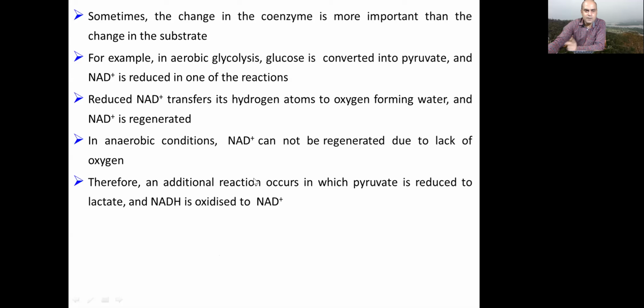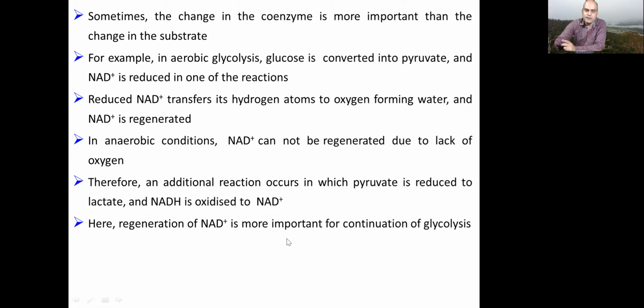In that case, an additional reaction occurs where pyruvate is converted into lactate. That is a reduction process: pyruvate is reduced to lactate, and in that reduction process NADH is oxidized to NAD plus. So here the regeneration of NAD plus is more important for the continuation of glycolysis.